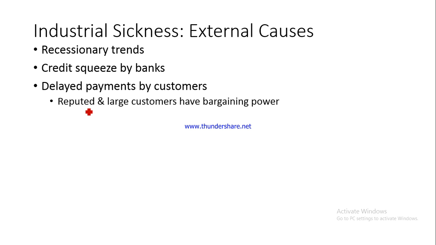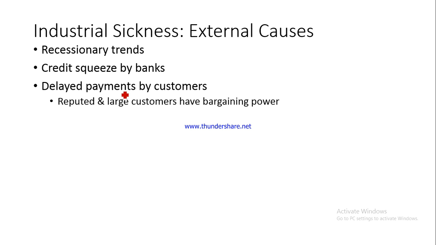So many a time what happens is that the customers don't pay promptly. Many of these small scale firms supply various items to other firms, which are generally large scale firms.